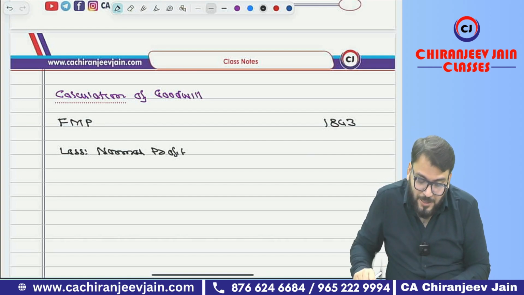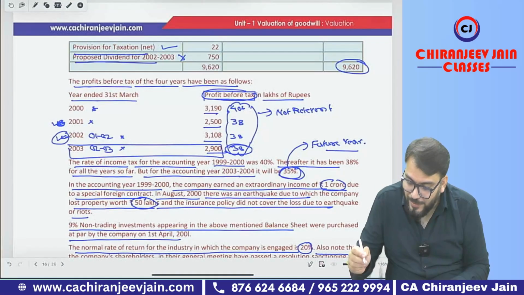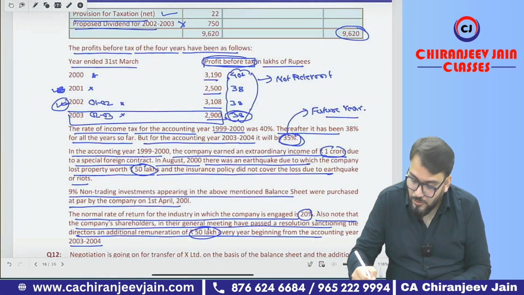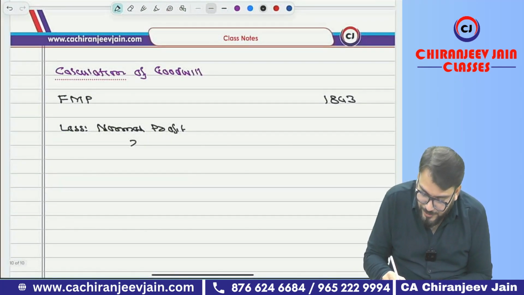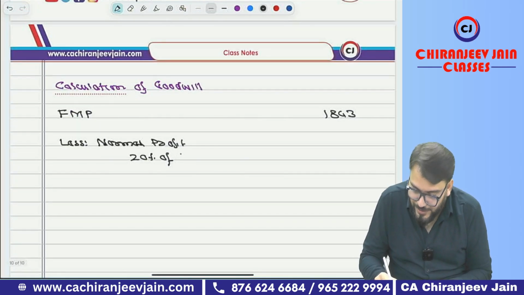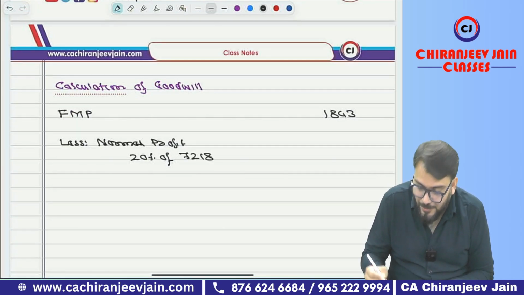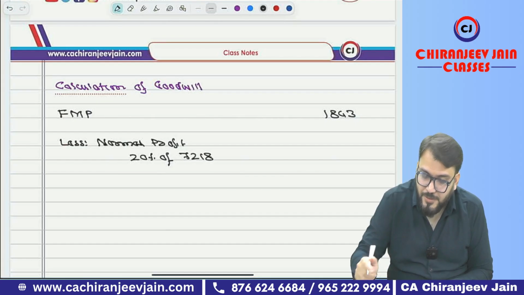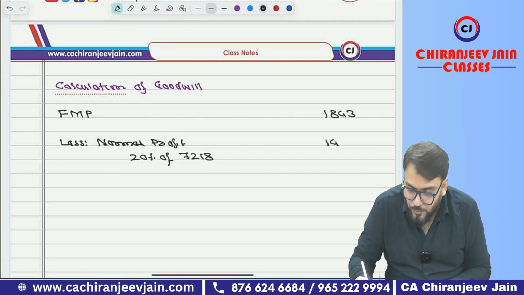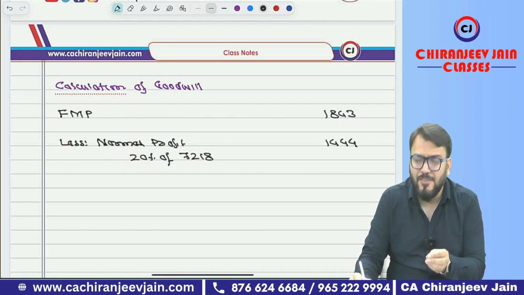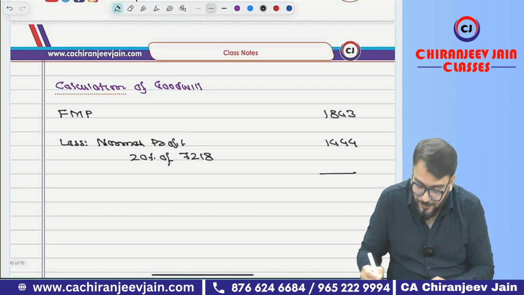NROI is given as 20%. It is 20% of average capital employed, that is 7218. So 20% is 1444 approximately, rounding off.